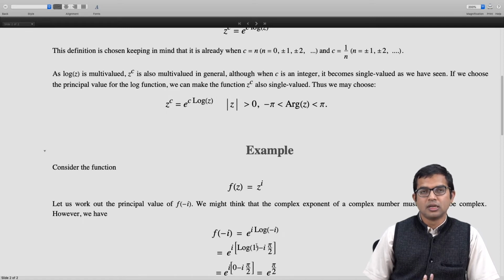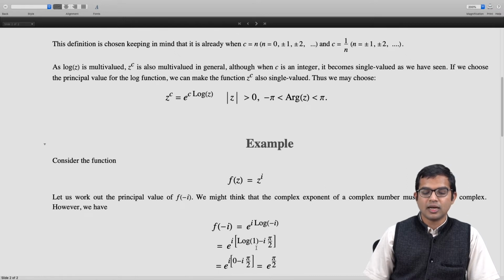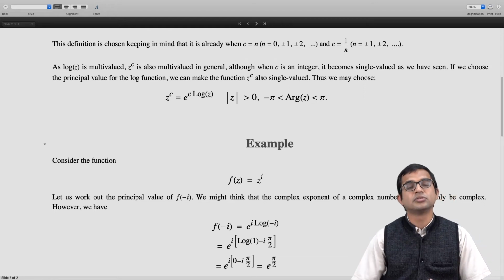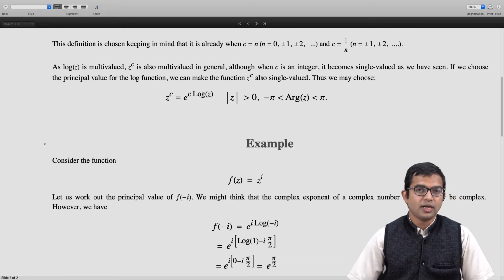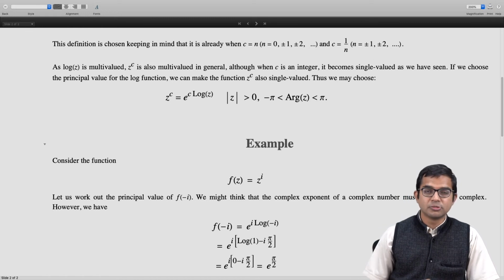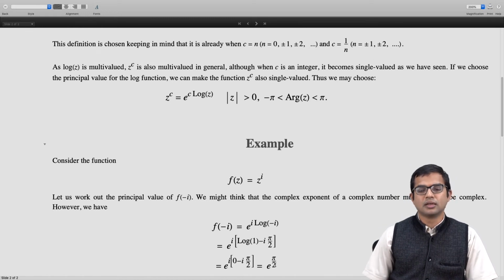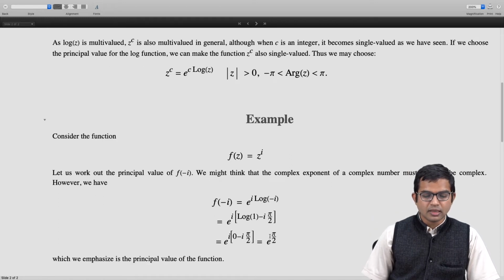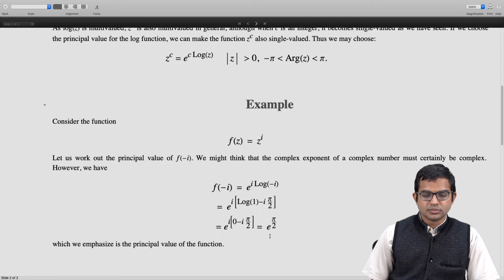It's a real positive number, so log of 1 is just 0, and so we would be just left with i squared, minus i squared will be plus 1, so it is just e to the pi by 2. So in fact, it turns out that minus i to the power i, the principal value of this, is a real number, right? So it's e to the pi by 2.